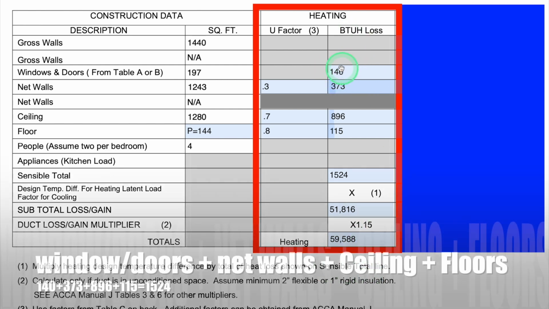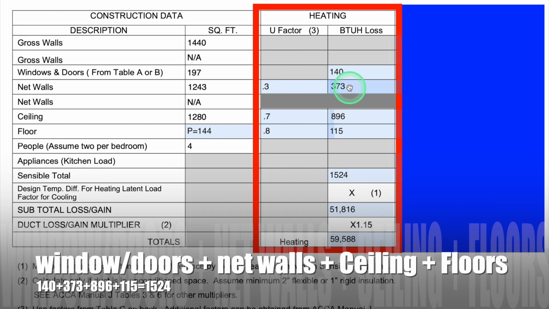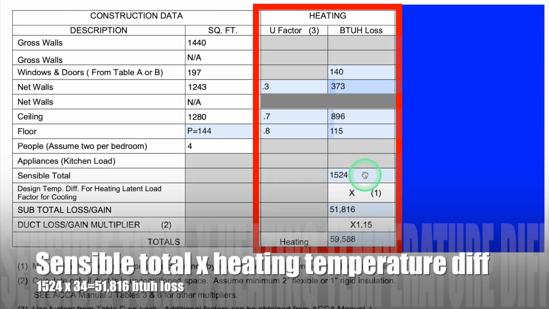So we added up the windows and doors, the net walls, the ceilings, the floors. We added that all up. Then we multiplied the BTUs that we're losing through those areas by the temperature difference. And every time you have a temperature difference, it increases heat transfer. And look at how it increased it.